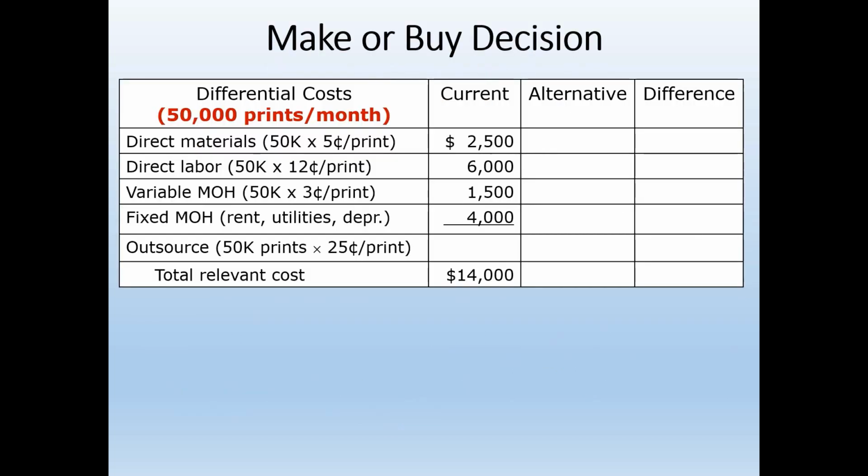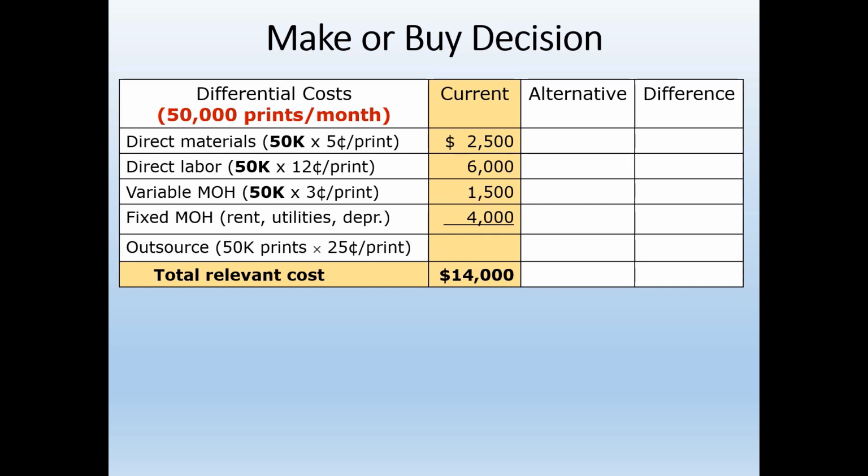If the firm expects to need 50,000 prints per month, and it continues to make the prints in-house, then its direct materials cost would be 5 cents per print times the 50,000 prints. Its direct labor cost would be 12 cents per print times the 50,000 prints.